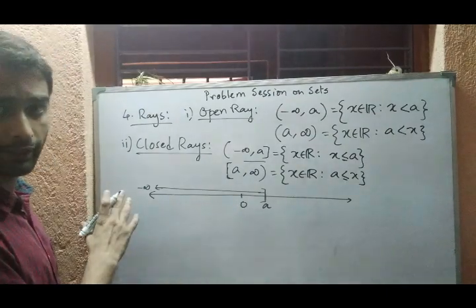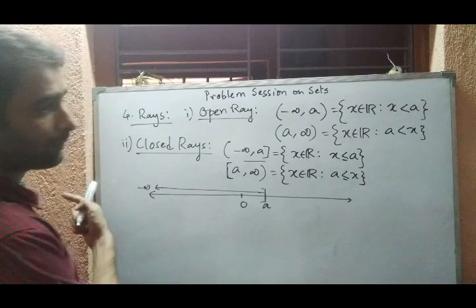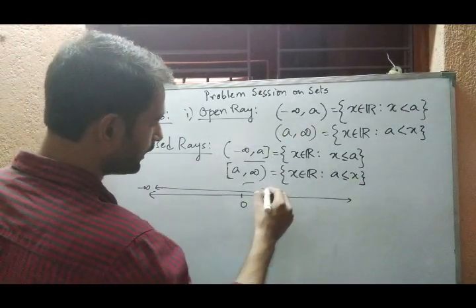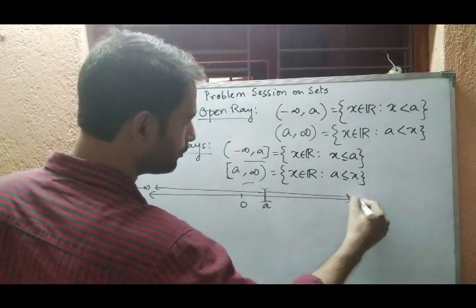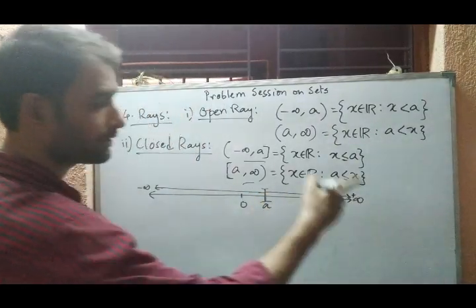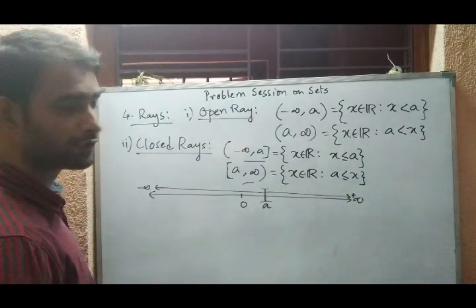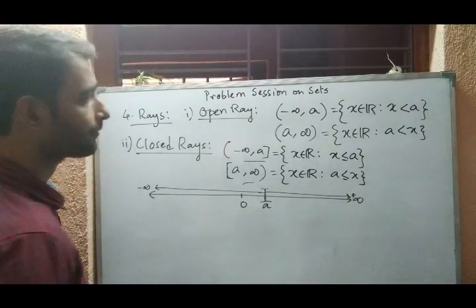That's why it is called a ray, like a ray of light. It will go up to infinity. And also if you take this one, it will look like this. So it is going up to plus infinity continuously. So that's why it is called the closed ray. One side is closed and the other side is open up to infinity.